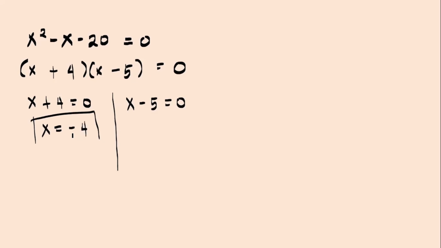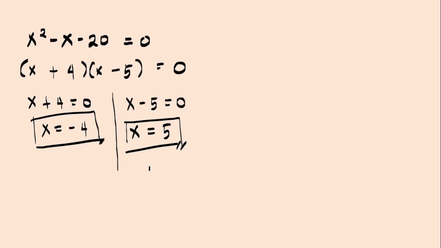So, yung first value of our x is negative 4. And next, from negative 5, it will become positive 5. Again, using addition property of equality. Okay, so ngayon, yung values ng x natin or yung solutions natin are x is equal to negative 4 and x is equal to positive 5.